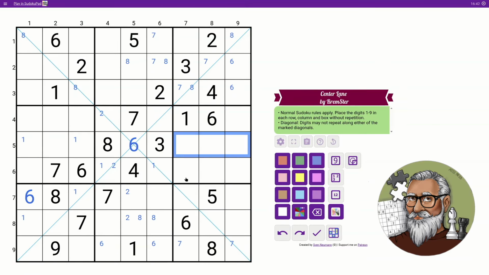We can always start going to pencil marking even more. I'm not sure if that is useful here. I am not sure that it's very useful.